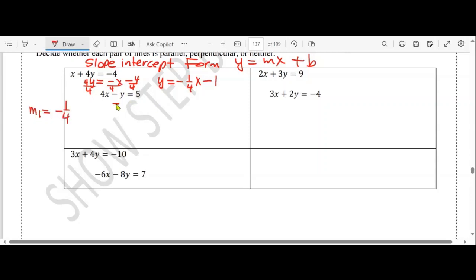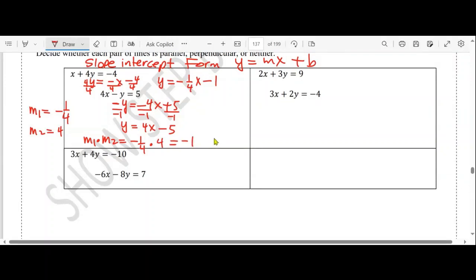The second one is going to be minus y. I move this to the other side. Divide by negative 1. So y equals 4x minus 5. So the second one is 4. Okay? If you multiply m1 times m2, they give you negative 1.